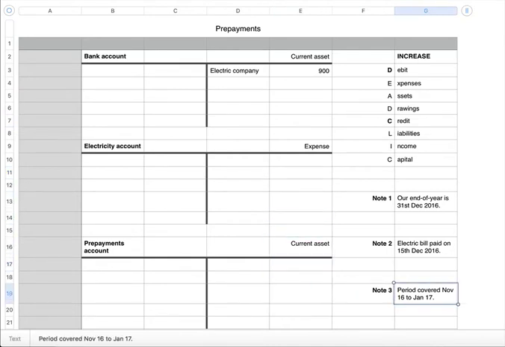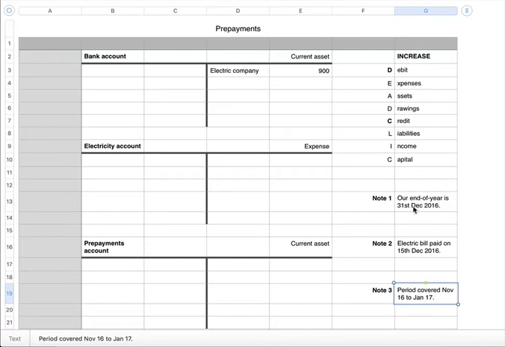But you'll see in note 3 here I've got the period covered is November 16 to January 17. As previously stated, our year end is the 31st of December 2016. So this electric bill that we've just paid, although we've paid it in this accounting year, covers 3 months, and one of those months is in the next accounting year, because it covers November 16, December 16 and January 17.